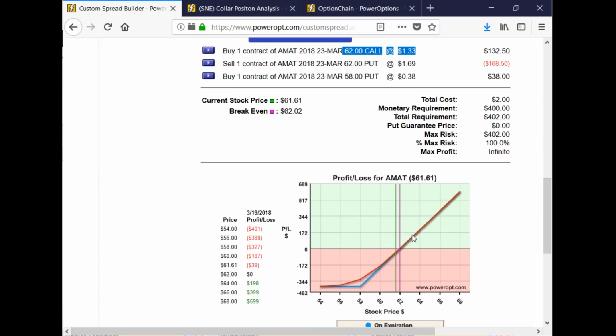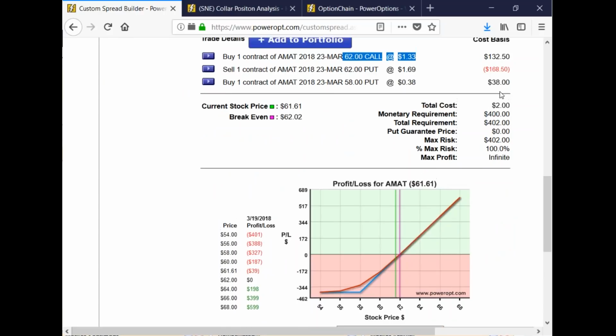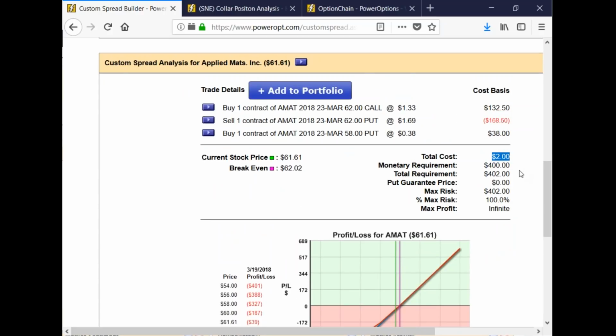Now, this mimics that, and you'd say, oh, well, I'm still getting a net credit instead of paying out. Remember, because your long call cost you $1.33. Here you're actually getting a net credit of 2 cents. But you have to cover this difference in strike prices, which is $400.